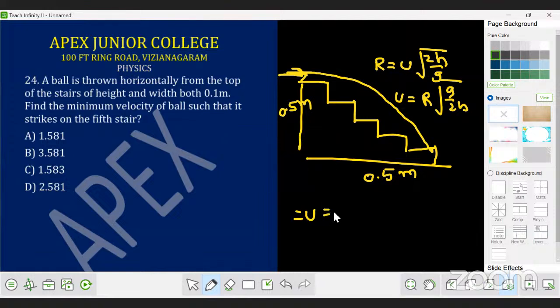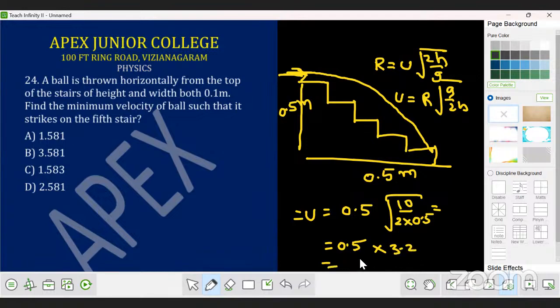Range is given as 0.5. Root over g, g is 10. Height is also 0.5, na? So 2 into 0.5 is 1. Root over 10 by 1. 0.5 into root over 10, nearly equal to 3.2. By multiplying these two, you will get nearly 1.58 something. So this will be the correct answer.